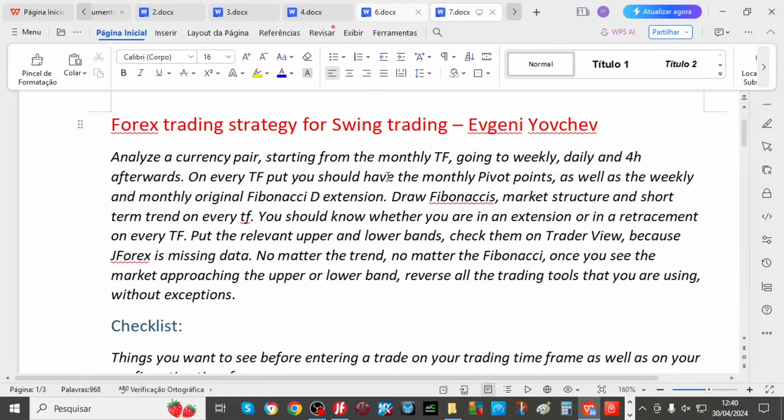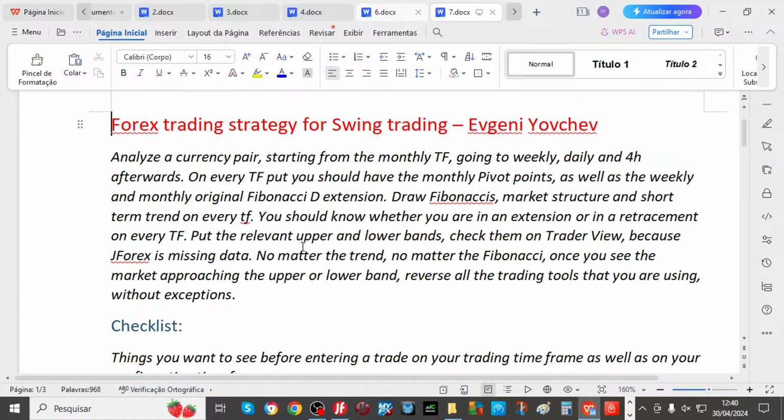Analyze the currency pair starting from the monthly, going to the weekly, dealing with the monthly pivot points as well as weekly and monthly Fibonacci extension, draw Fibonacci, market structure, and short-term trends on every time frame. You should know whether you are in an extension or in a retracement over every time frame. Good rule. Put the relevant upper and lower bands on TradingView, because no matter the trend, no matter the Fibonacci, you see the market approaching.